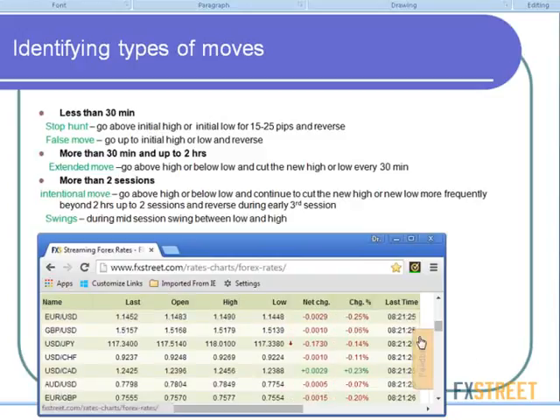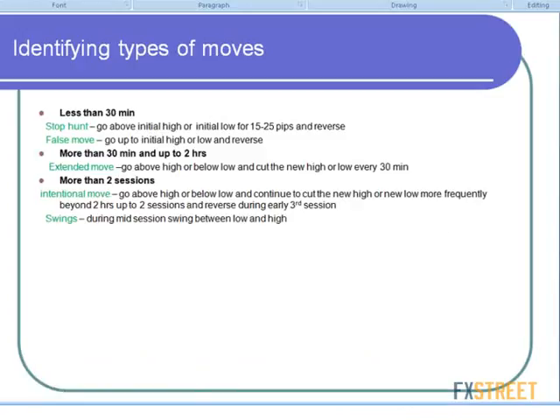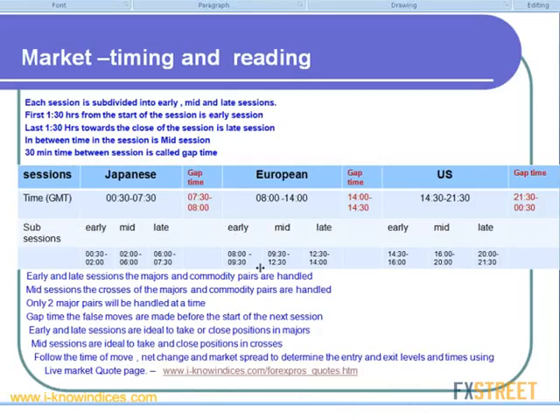And the first 30 minutes, if you look into the session timings, from 8 to 9:30 GMT will be the early European session. 12:30 to 14 will be the late European session, and 9:30 to 12:30 will be the mid-European session. The early and the late sessions handle the majors, and in the mid-session they handle the crosses.